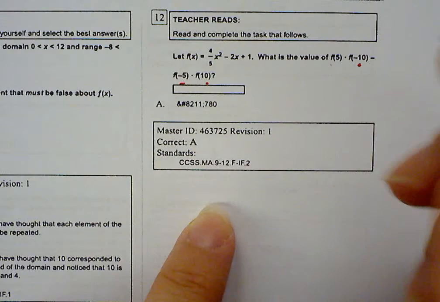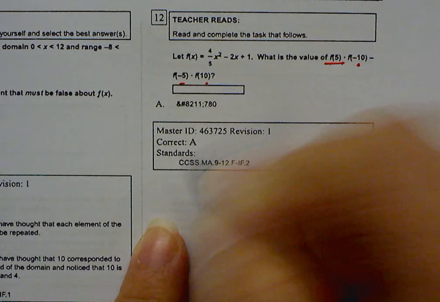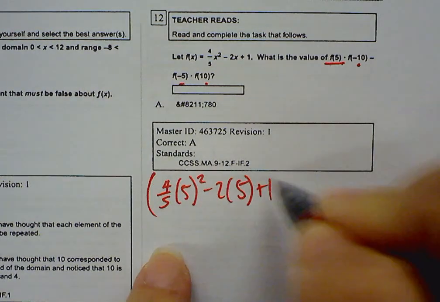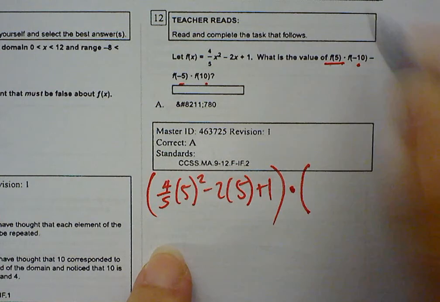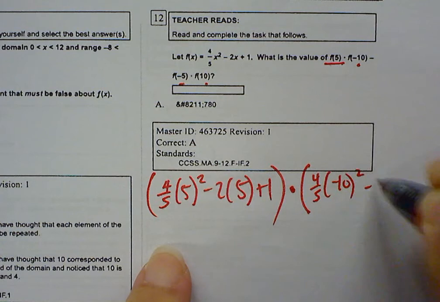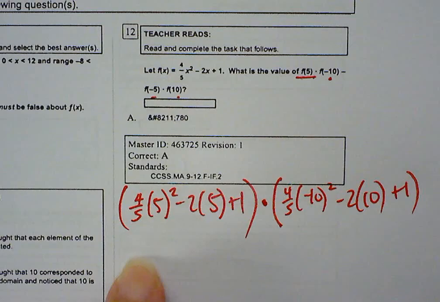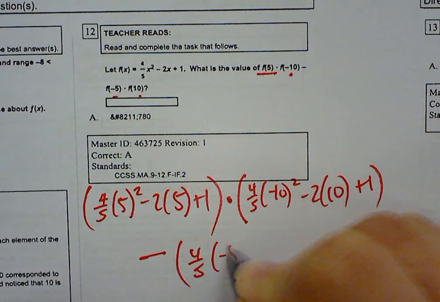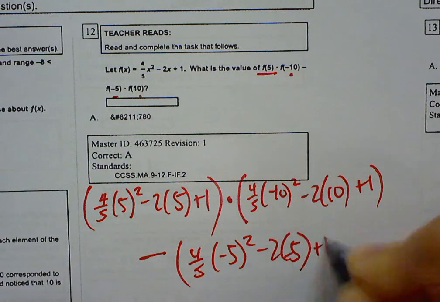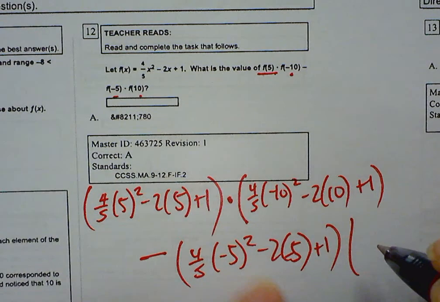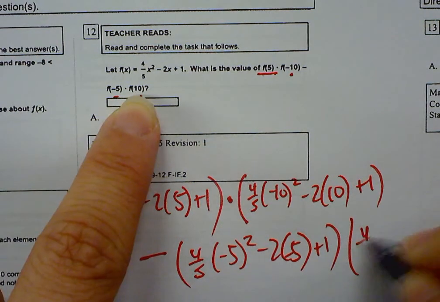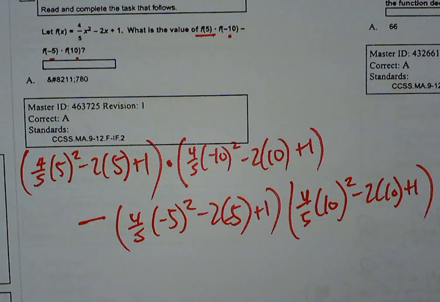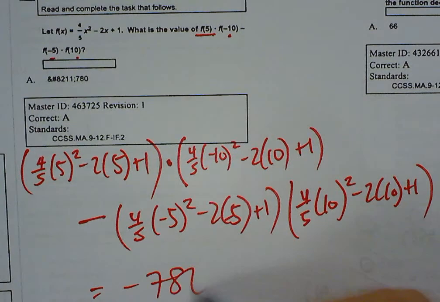So look, f of 5 times f of -10, minus f of -5 times, and in the end, you do all the arithmetic and you get negative 780, as long as you do PEMDAS in the right way.